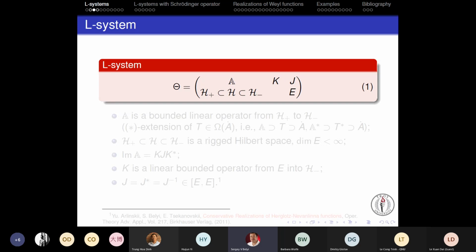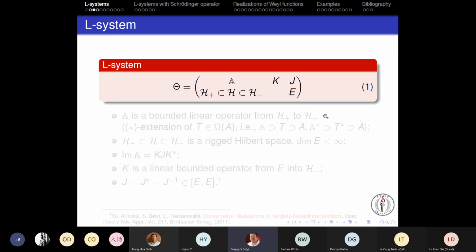Anyhow, the better way to think about an L system is as a rectangular array, which has three operators, A, K, and J, and two spaces. On the left, you see a triplet of rigged Hilbert spaces. On the right, you see what's called the input-output space.